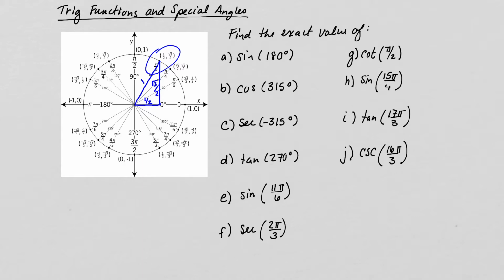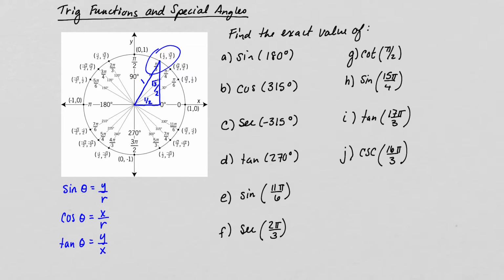And if we think about the basic trig values, we said that the sine of an angle was equal to y over r. The cosine of an angle is equal to x over r, and the tangent is y over x because it's opposite over adjacent.